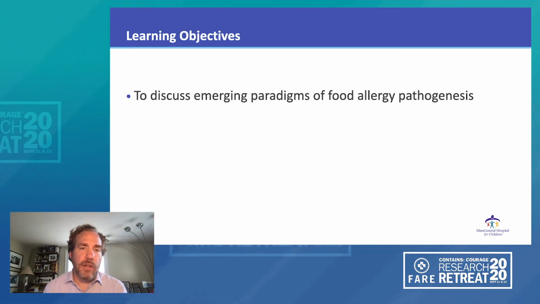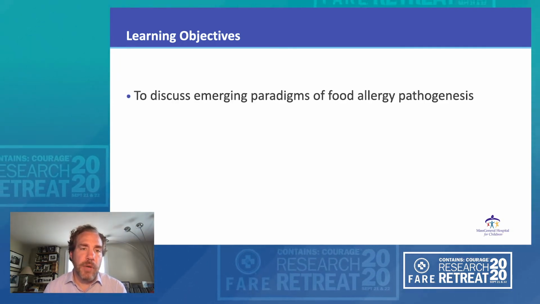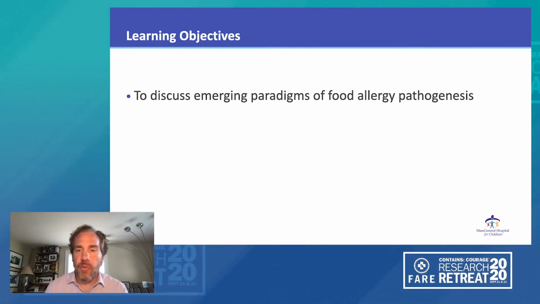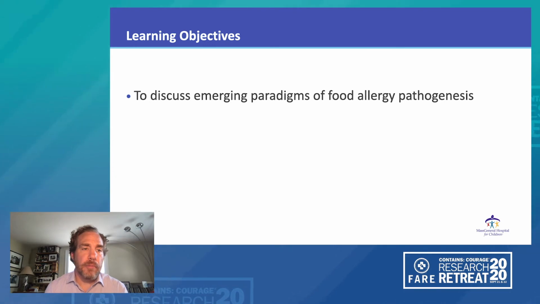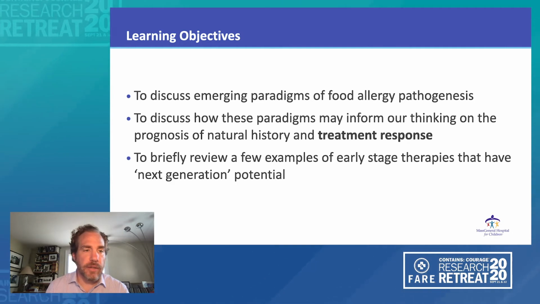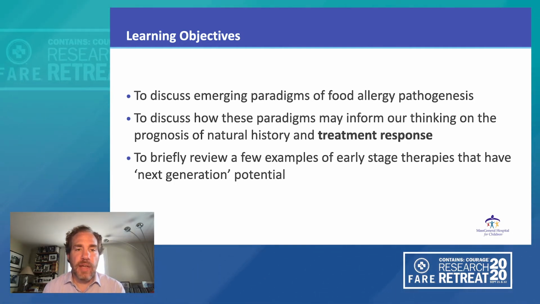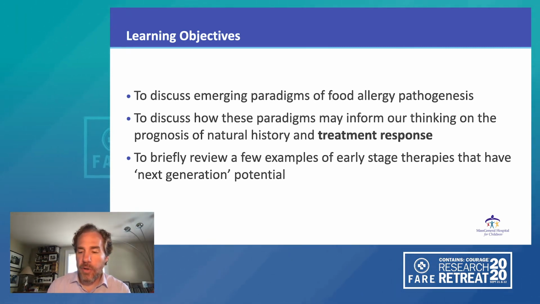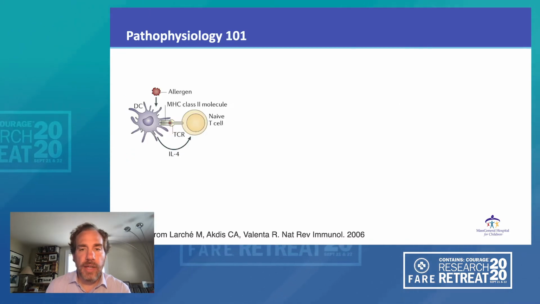I want to talk a little bit about an emerging paradigm that I hope will be provocative and that I think might inform how we can think about both the natural history and ultimately treatment response, and hopefully can lead to improvements in rational design of therapy. And then I'll briefly review a few examples of early stage therapies, some of which I think have next generation potential or fit into this schema of how we're understanding pathogenesis.